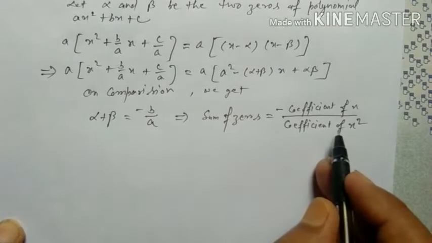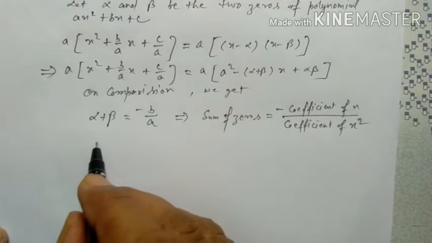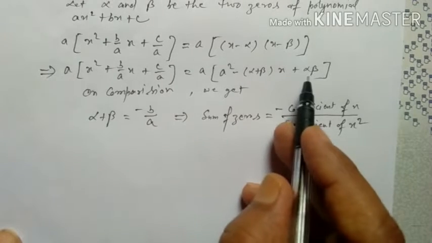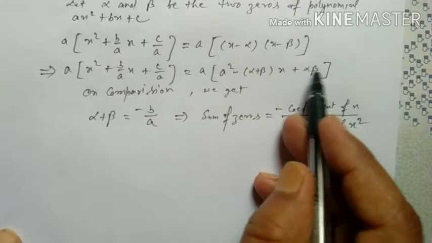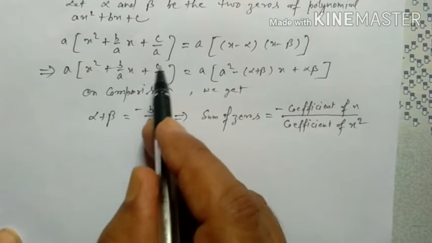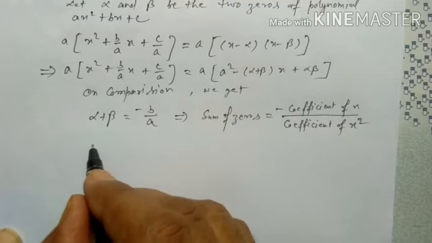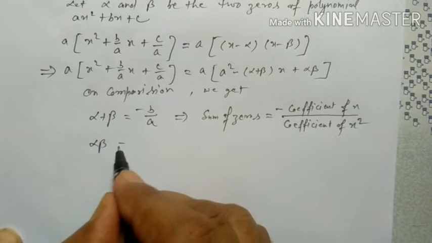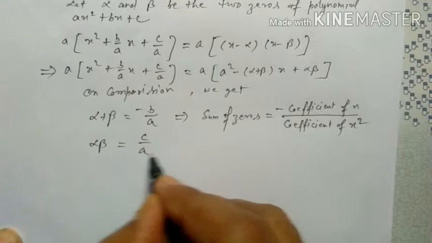This is the relation for the sum of zeros. On comparison, the constant term is alpha beta here and c by a there, so alpha beta equals c by a.